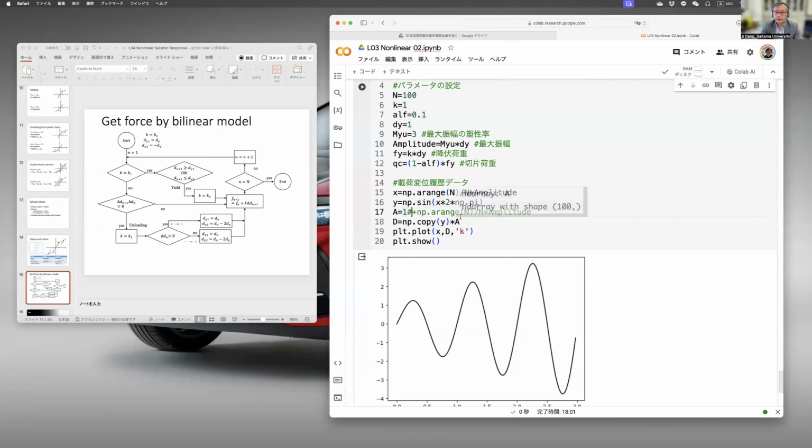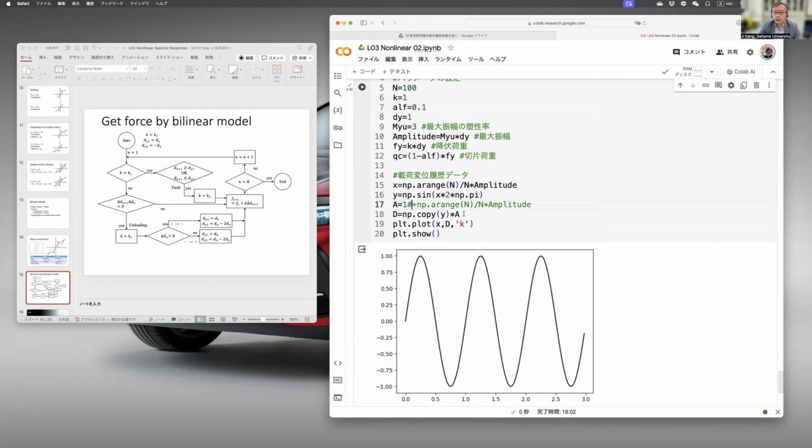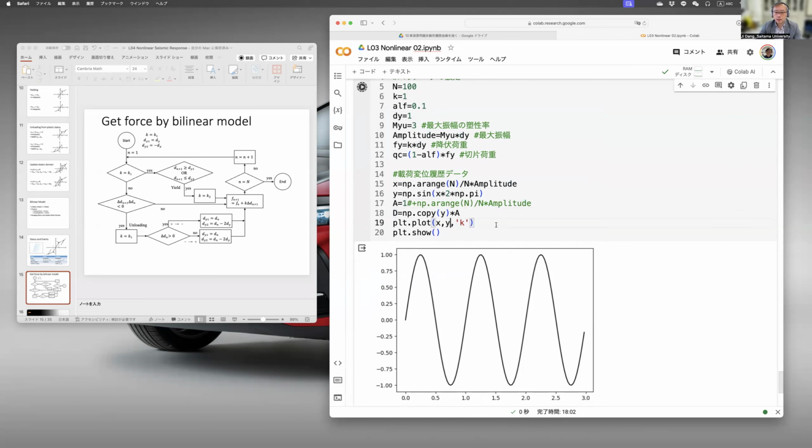So firstly, let's forget about the amplitude changing. In the beginning, if the amplitude is 1, it'll be a sine wave, right? So we have 100 points and 2 pi. Let's see x and y.